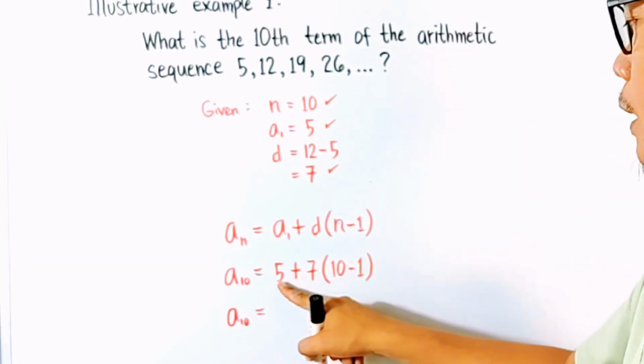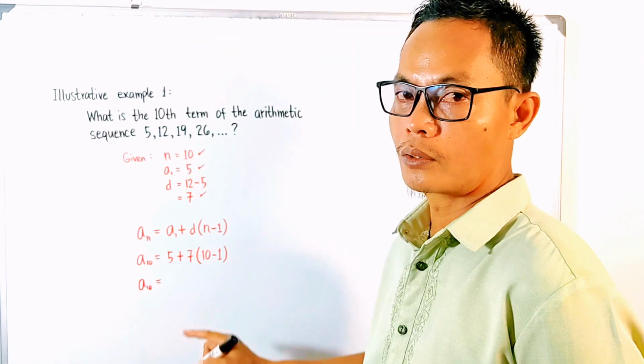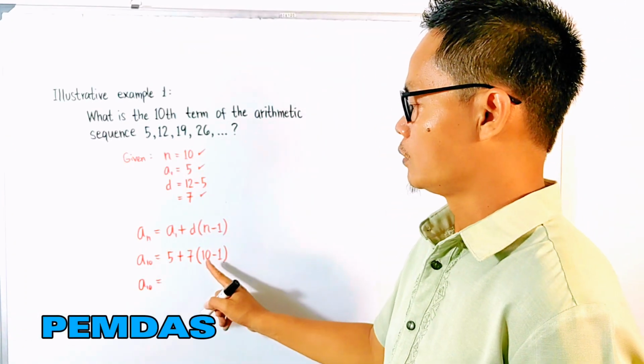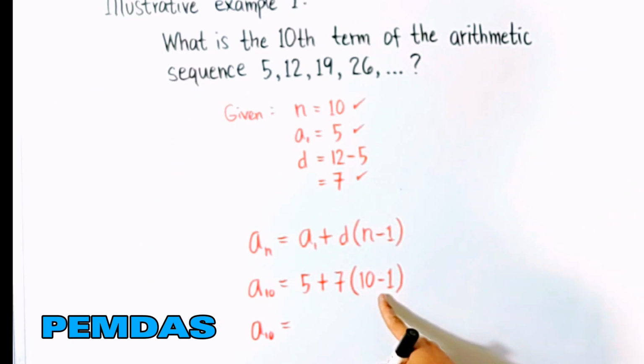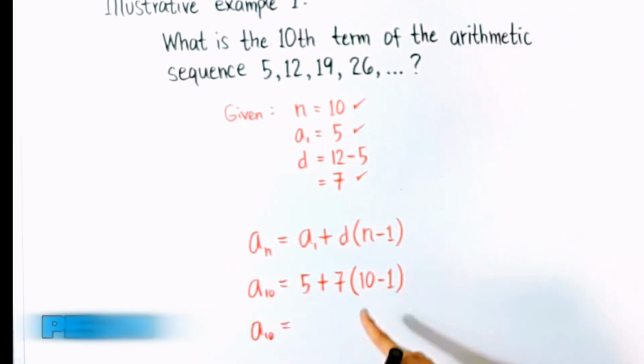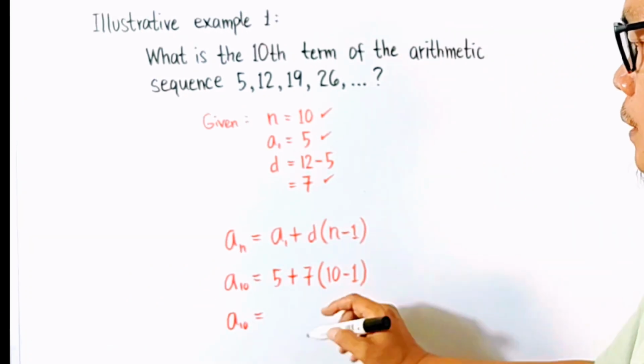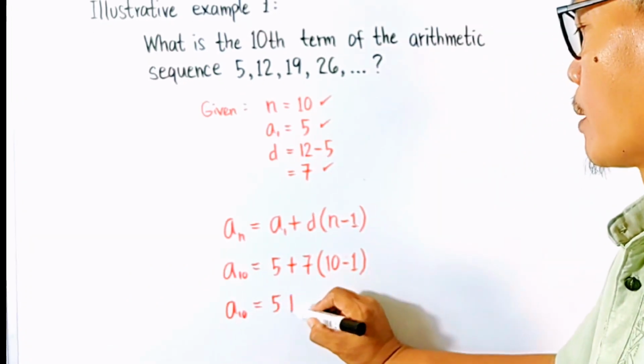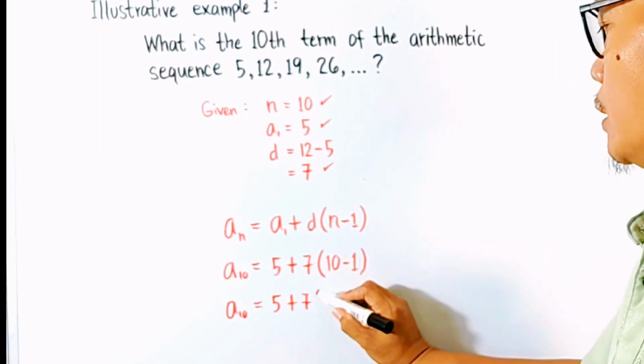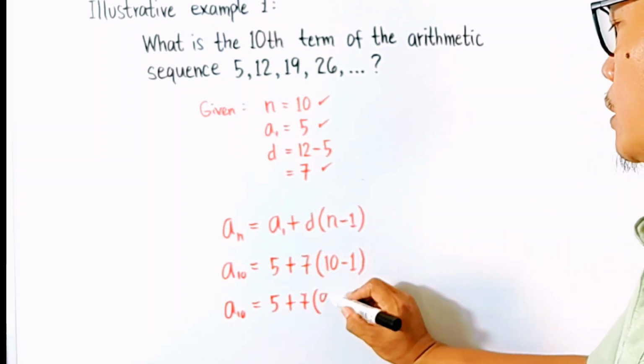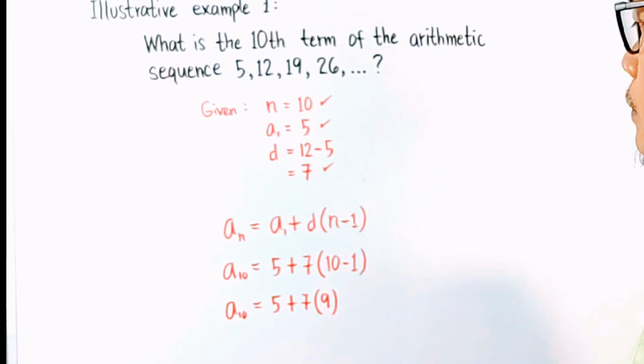Do not add 5 plus 7, because according to the rule of PEMDAS, you need to simplify first the parentheses, the exponent, the multiplication, division, addition, and subtraction. In this case, you need to simplify the parentheses. You rewrite 5 plus 7, and 10 minus 1 is 9.